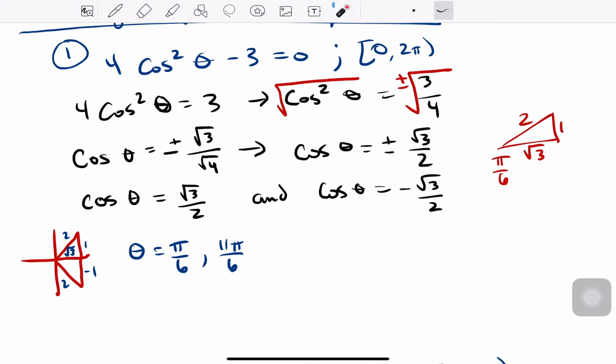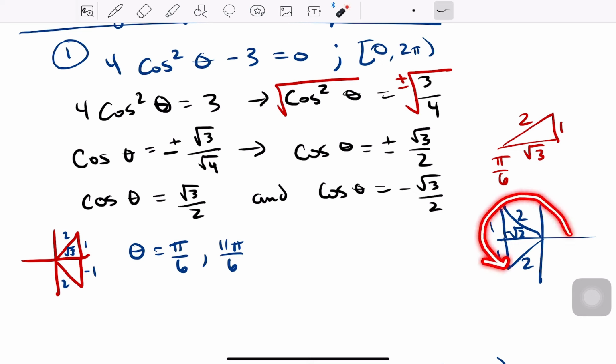On the other hand, we have cosine theta is equal to negative radical 3 over 2. And this yields a different quadrant, right? So cosine is negative in the second and third quadrants. This becomes negative radical 3 here, that becomes 1, that becomes 2. And the same thing goes down here. So again, we already know that the reference triangle is pi over 6. The question is, how many pi over 6s are there to get us to that angle, and how many pi over 6s are there to get us down here?